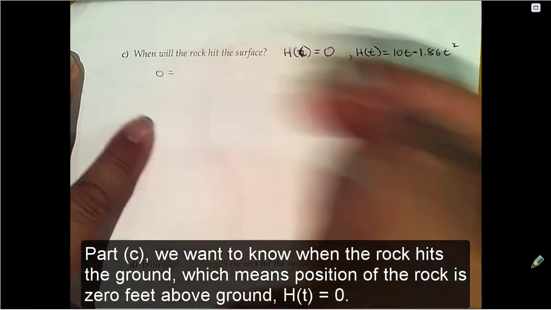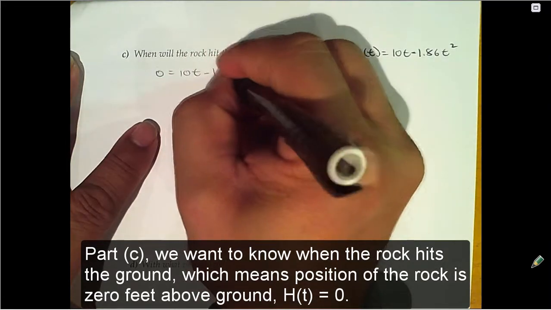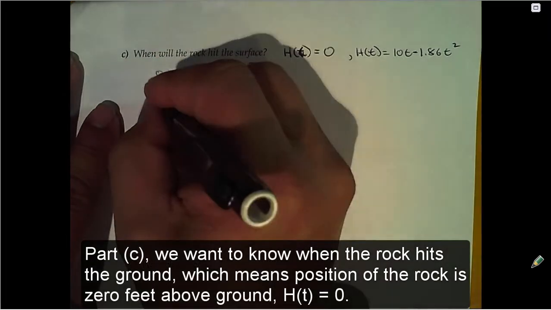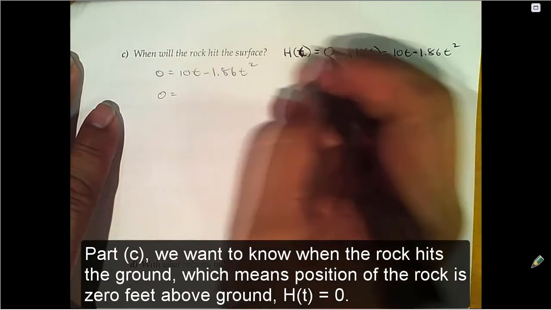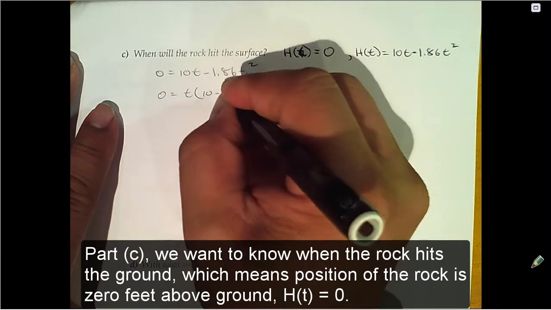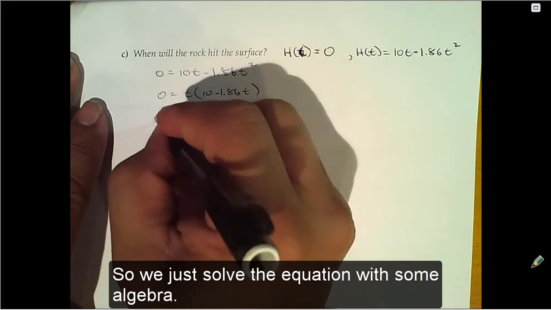Part C, we want to know when the rock hits the ground, which means the position of the rock is 0 feet above ground. h of t equals 0. So we just solve the equation with some algebra.